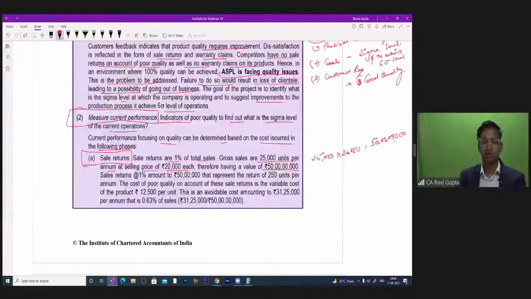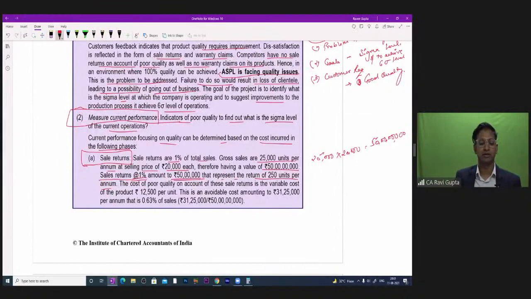Now the sales return at 1% amounts to 50 lakhs, that represents the return of 250 units per annum. The cost of poor quality on account of these returns is the variable cost.